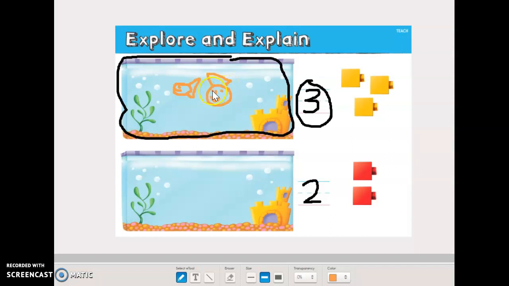Oops. There's 2. And there's 3. Okay, down below, I'm going to show 2 fish and I'm going to make them red.